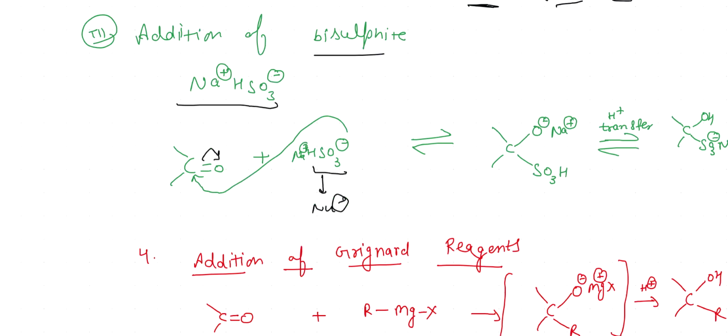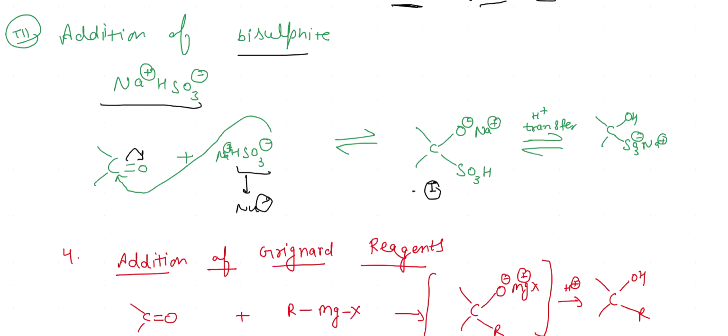And you can look at this intermediate, the bond between carbon and sulfur gets formed, and in the final step there is transfer of hydrogen. In this step there is proton transfer. Why in this step does proton transfer take place? Because of the resonance of the SO3 group.